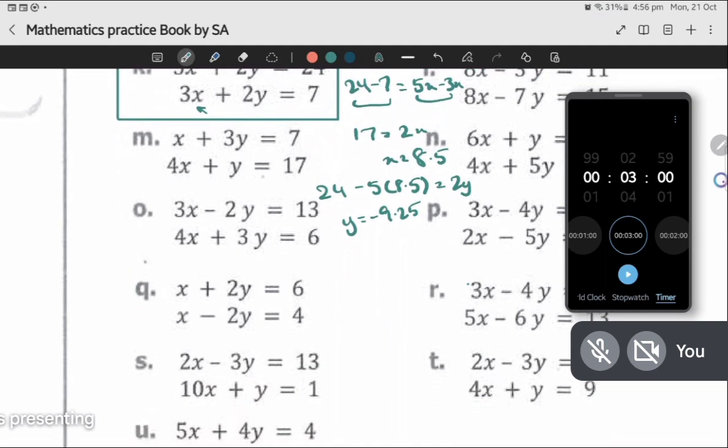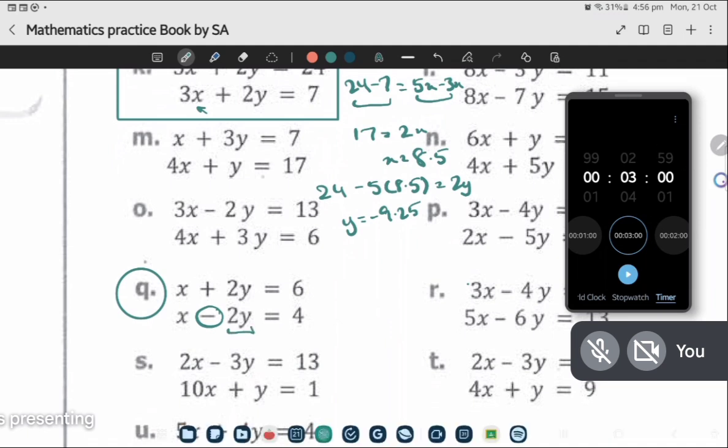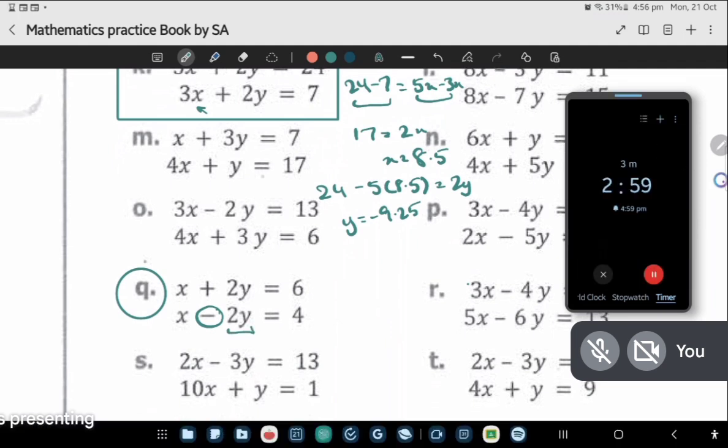Now try this question. This is the last question for today. In this one, one of the values is negative, so formulate the question accordingly. You've got 3 minutes.